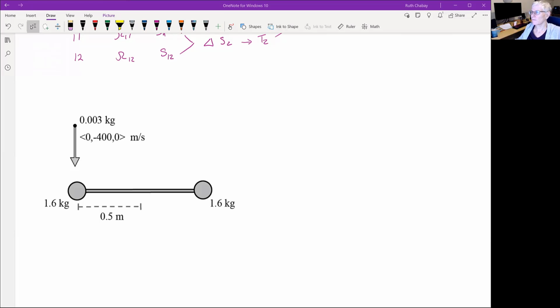So we have a bullet. This is in outer space, so no external forces. We have a bullet heading at fairly high speed at a sort of dumbbell shaped object that's just floating in space.